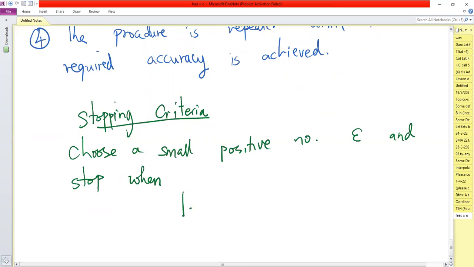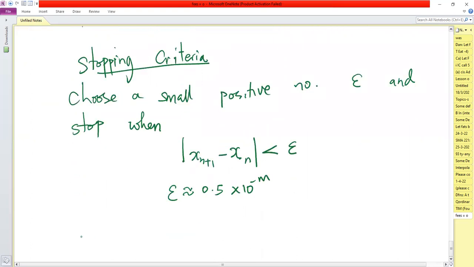when the difference between two consecutive iterations, xn and xn plus 1, is less than epsilon, where this epsilon is chosen to be 0.5 times 10 raised to the power negative m, where m is the number of decimal places.